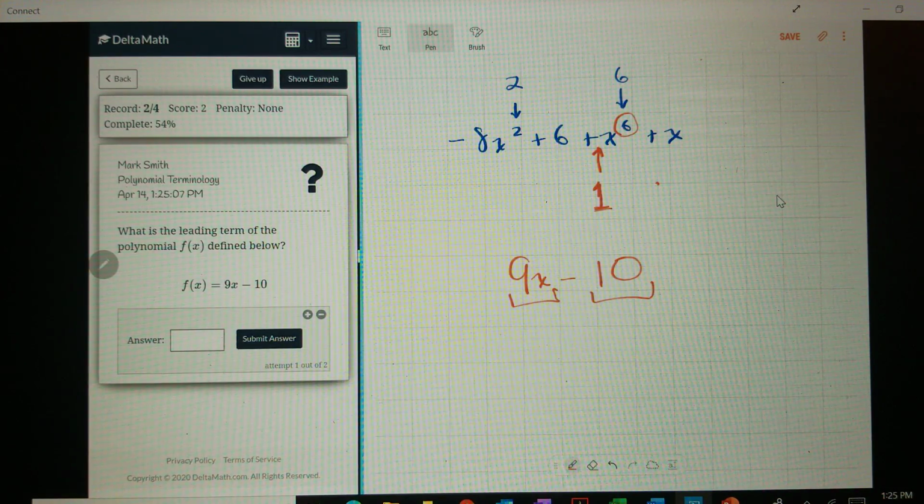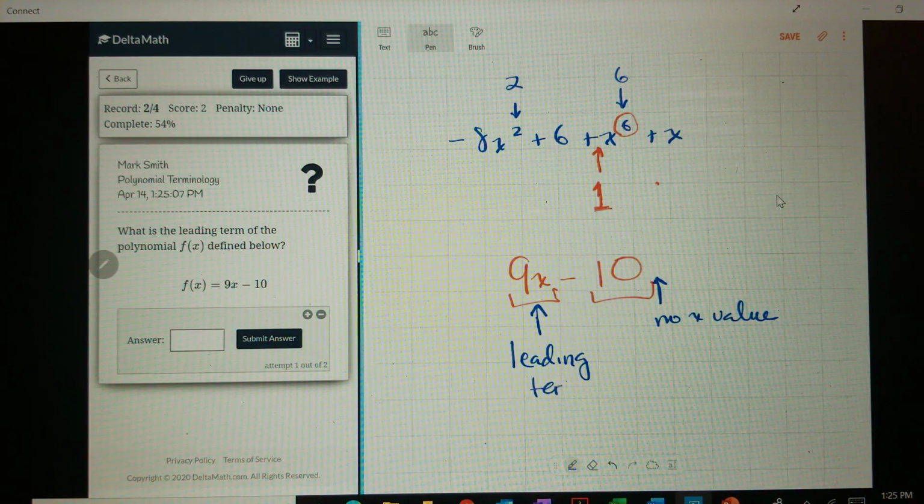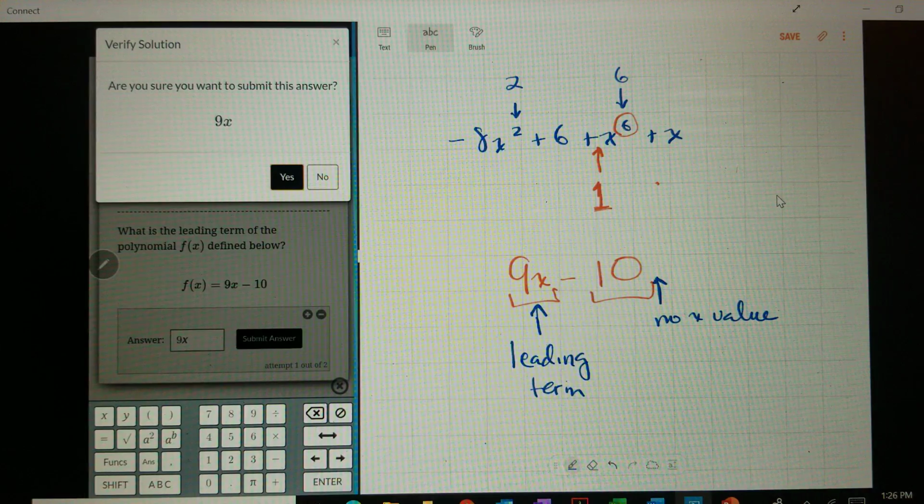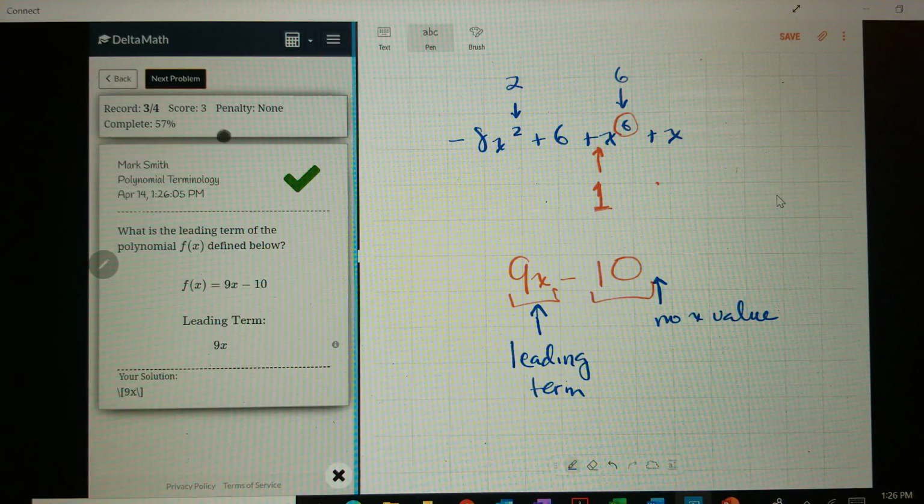The leading term is going to be the one with the highest exponent. Well, this doesn't have any exponent at all. There's no x value there. So this must be the leading term right here. That's 9x, our leading term. And we'll say yes, and we get another check mark.